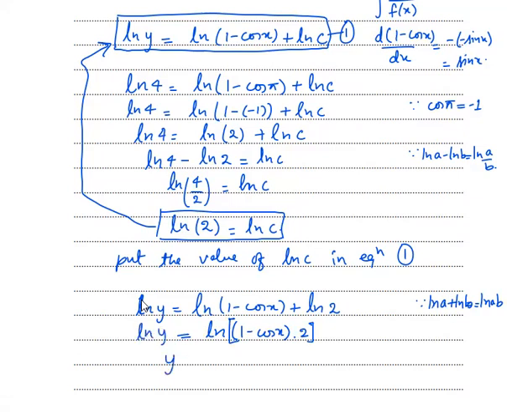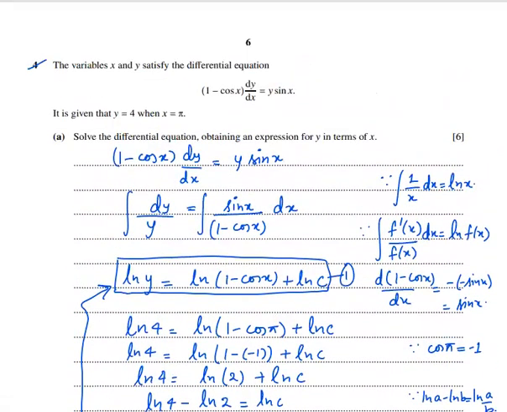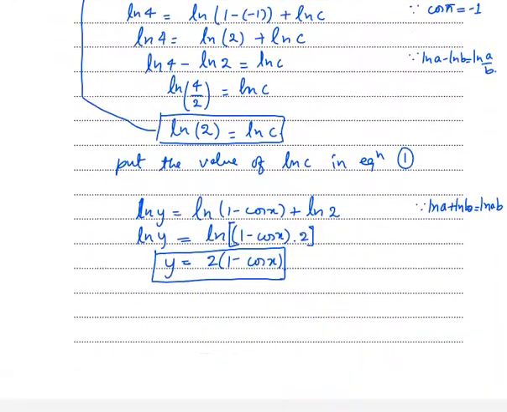So cancelling ln on both sides, we have y equals 2 into 1 minus cos x. So students, this is your answer, y in terms of x. Okay, let's see the question once again. Yeah, the expression for y in terms of x is this.